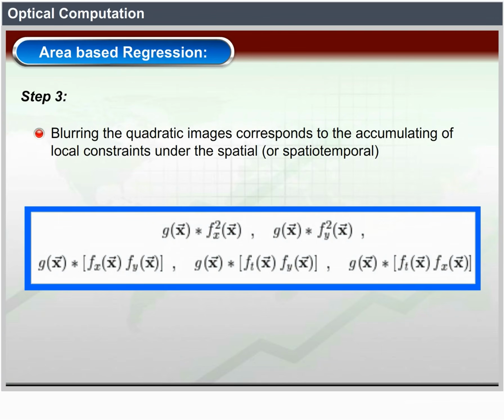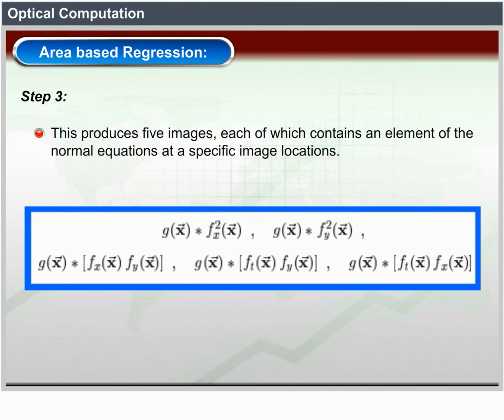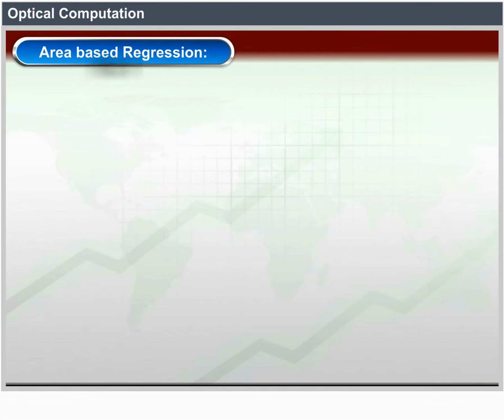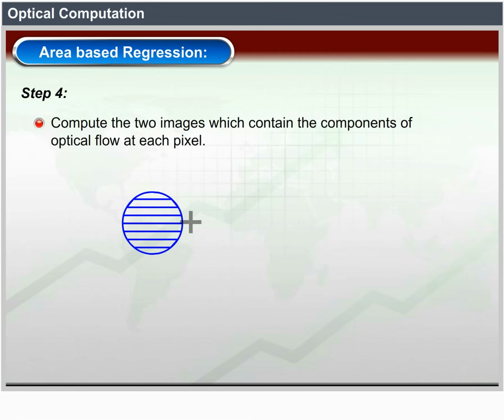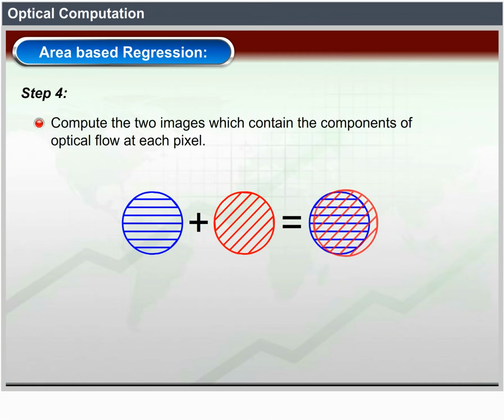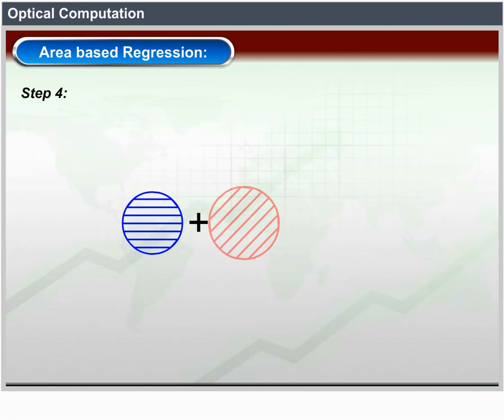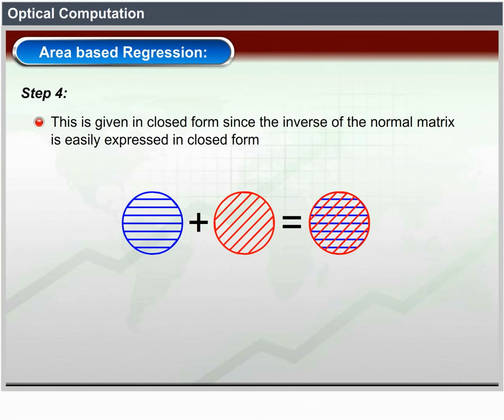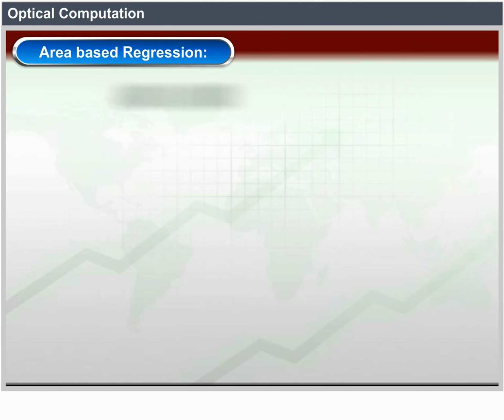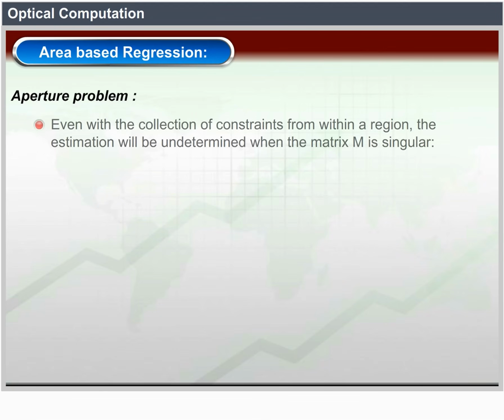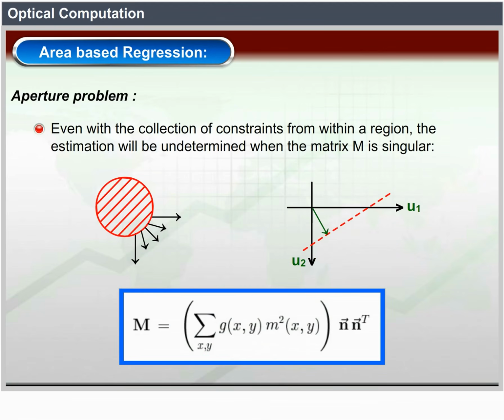This produces 5 images, each of which contains an element of the normal equations at a specific image location. Step 4. Compute the 2 images containing the components of optical flow at each pixel. This is given in closed form since the inverse of the normal matrix is easily expressed in closed form. Aperture problem. Even with the collection of constraints from within a region, the estimation will be undetermined when the matrix M is singular.